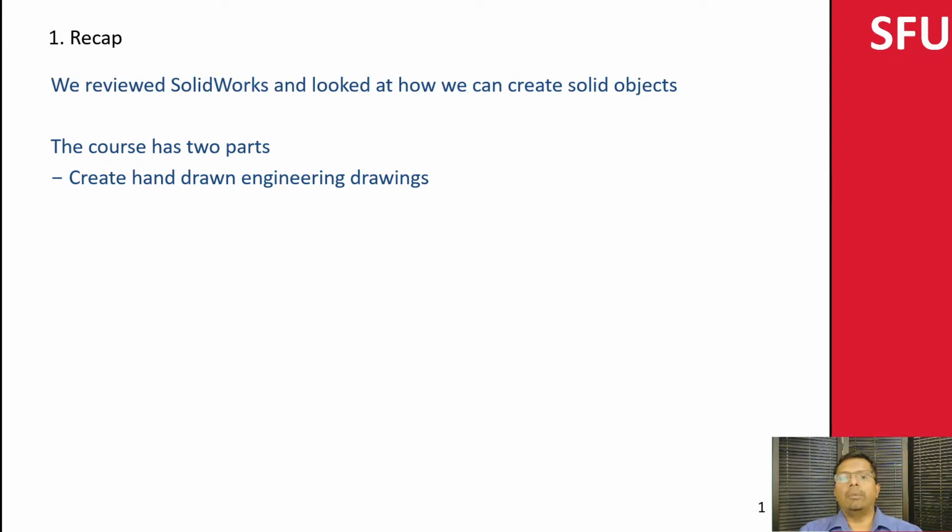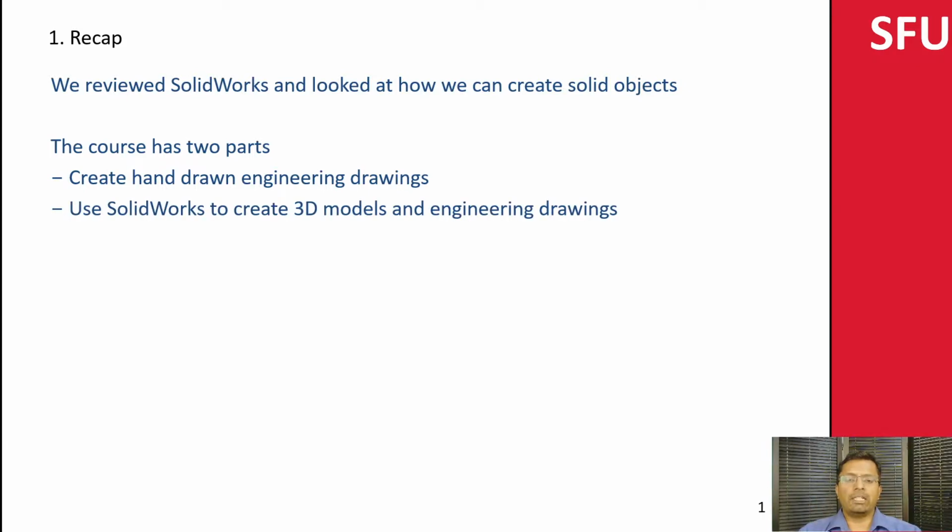Secondly, if you want to quickly sketch some drawing and send it off for quick discussion, you don't want to power up SolidWorks each and every time. So you should be aware of how to create simple drawings. We used SolidWorks to create some 3D objects, and then we were looking at how to do all of this stuff.